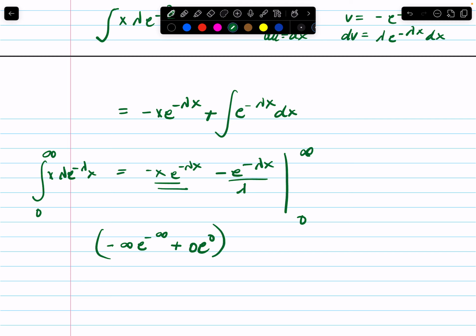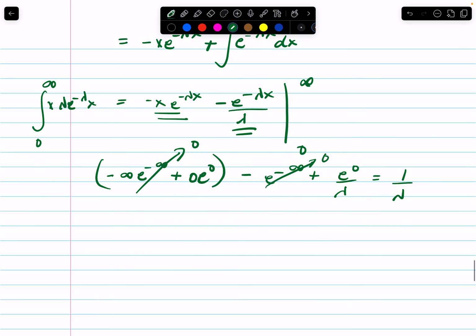So that first piece goes to 0. And then we have minus e to the minus infinity plus e to the 0 over lambda. That goes to 0, and we're left with 1 over lambda.